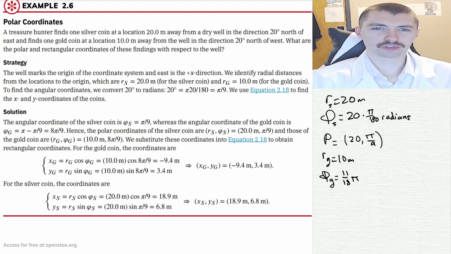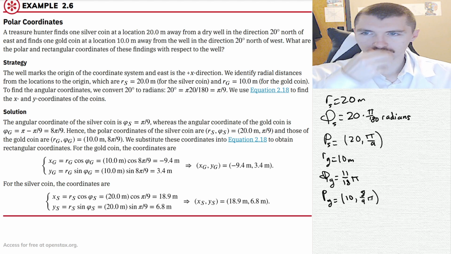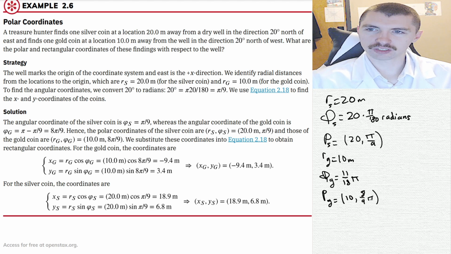Phi s is pi over 9. Okay, we got that. But the book is getting 8/9 pi. I wonder where we went wrong.